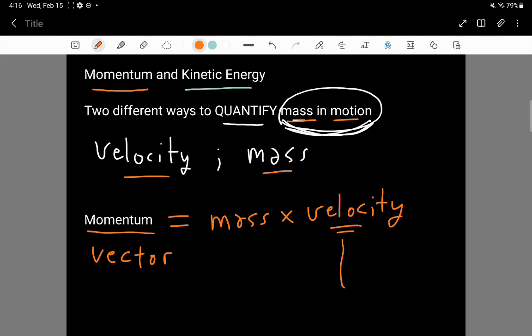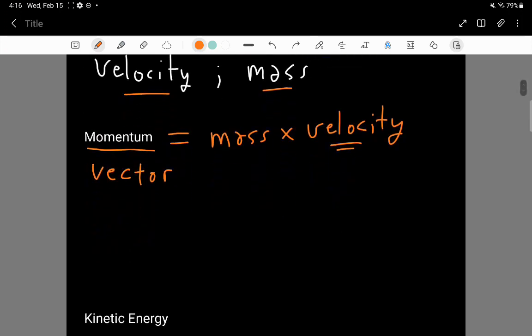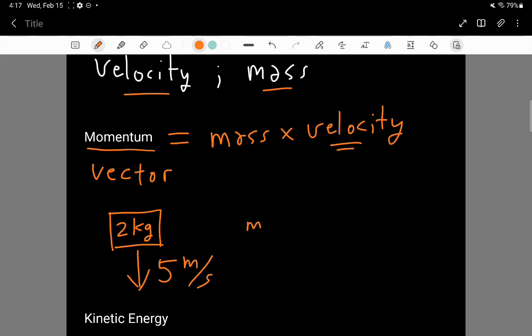So, for example, what if I have an object? So here's an object. It is 2 kilograms. And let's say that it's moving downwards with a velocity of 5 meters per second. Then the momentum equals 2 kilograms times 5 meters per second down.